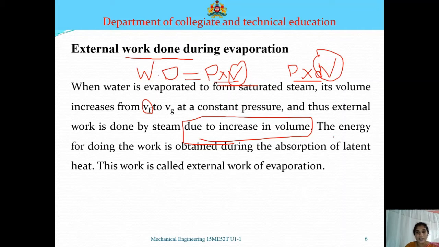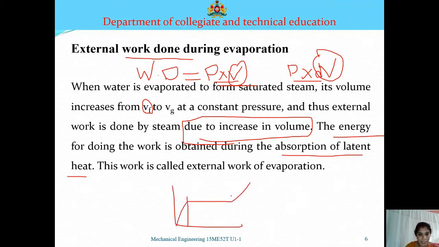So how can we identify this? That is, there is absorption of latent heat, right? So what will happen in that particular process? If I draw the temperature enthalpy diagram, this is the latent heat of evaporation region. In this, even if we supply the heat, we can't recognize that heat.